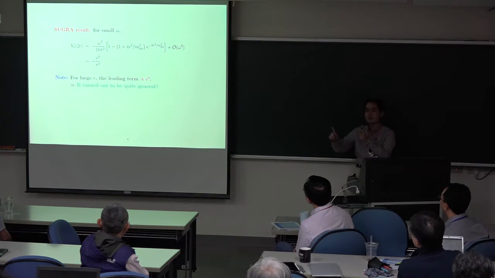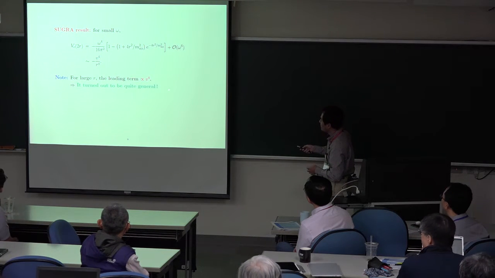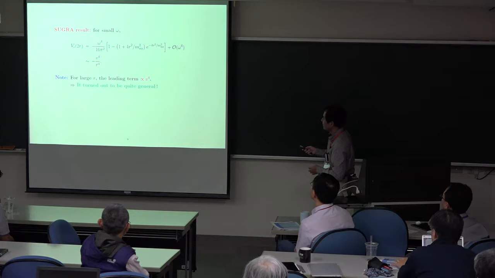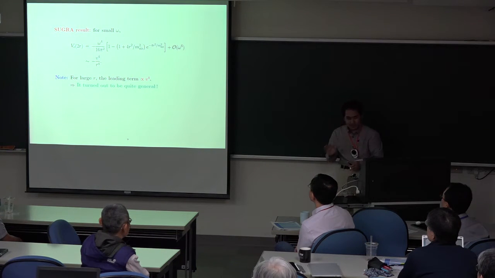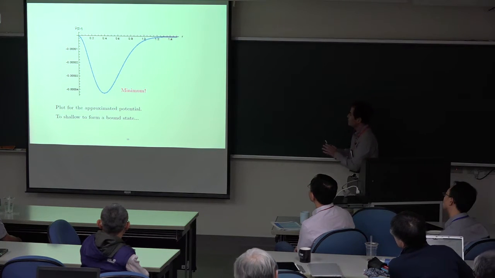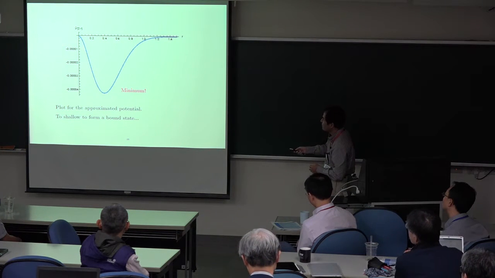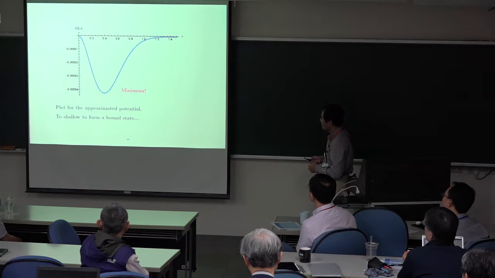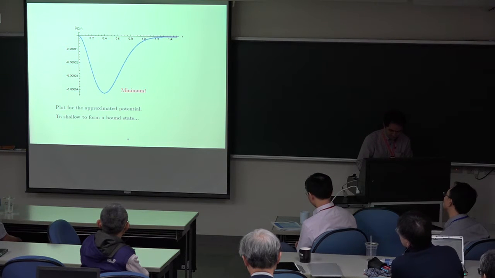Not for this revolving case only, but for more general trajectories, this starts from the v to the fourth power. So this kind of behavior seems to be very general. And then this contribution will obtain this kind of potential, and the physical implication of this potential is already explained by Iso-san, so I'll skip.